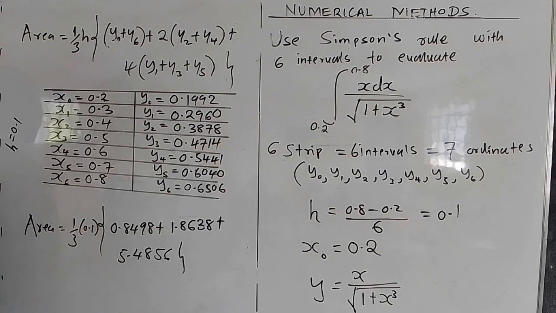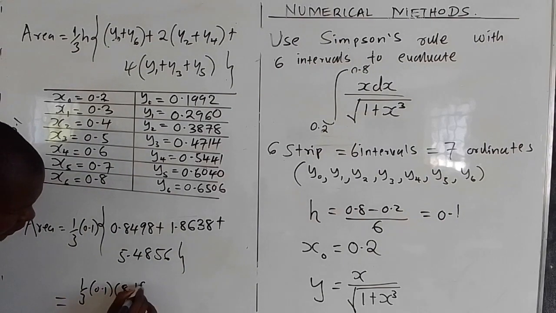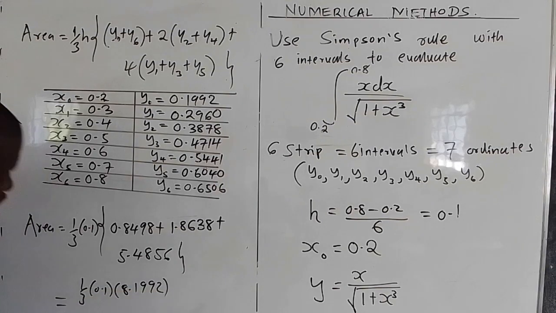What do you get to be the whole answer inside the bracket? 8.1992. So a third times that 8.1992.